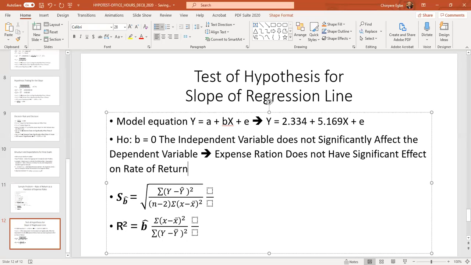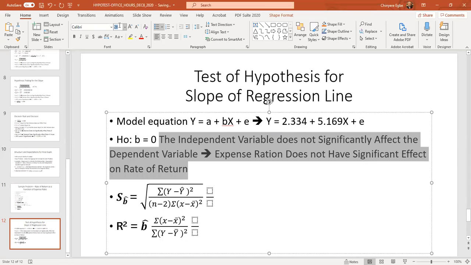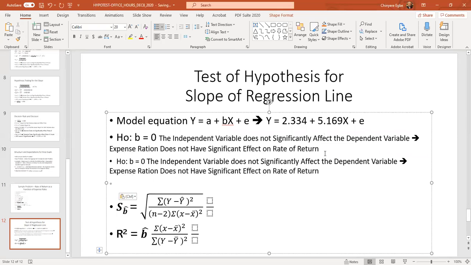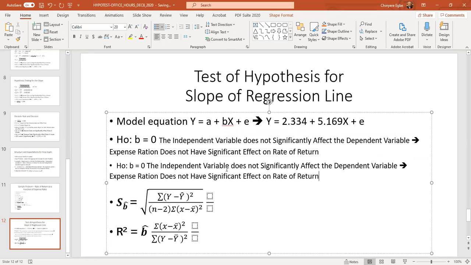That is your null hypothesis. And the alternate hypothesis is that the independent variable significantly affects the dependent variable, or expense ratio significantly affects the rate of return. So this is what we are looking at.